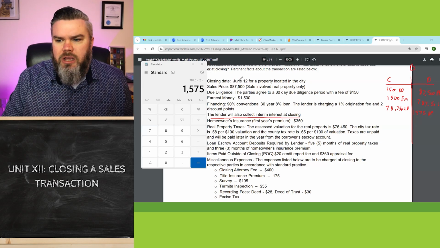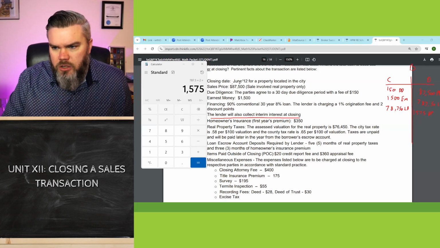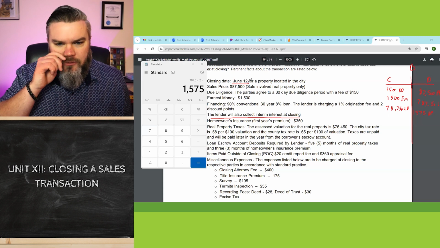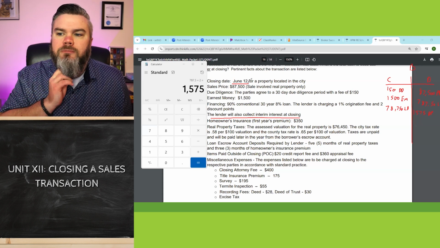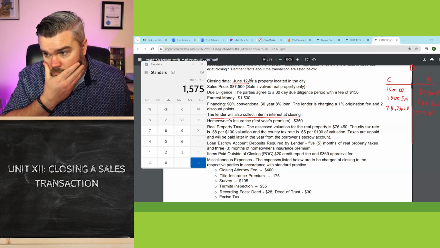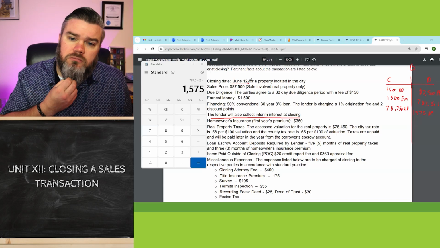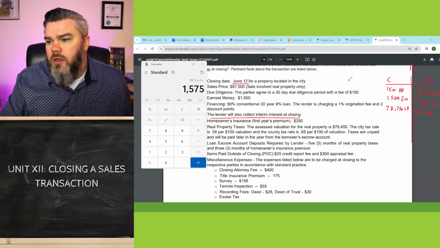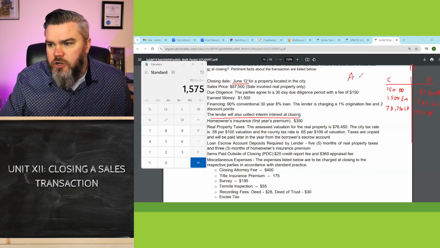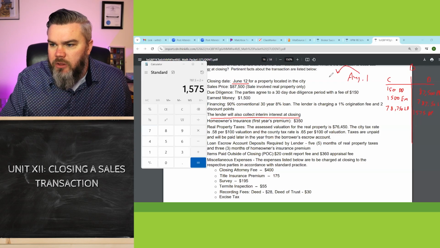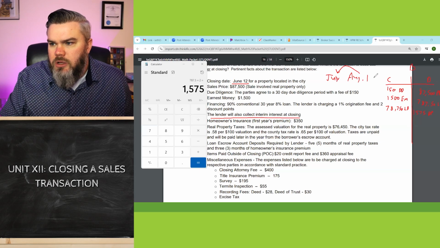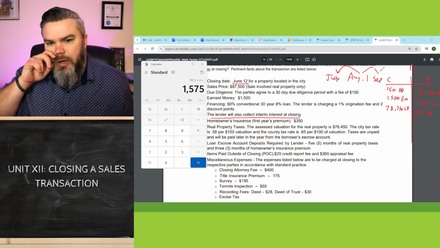And so if you're closing on June 12th, when is your first mortgage payment going to be? August 1st. So you will make August 1st payment, and when you do, that pays for the month of July's interest. Then you got September's payment that pays for August interest. That's what we mean by it's paid in arrears.